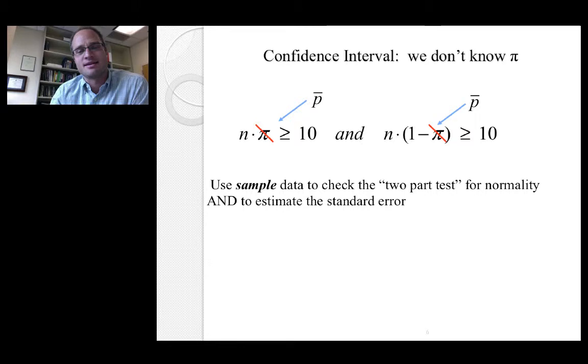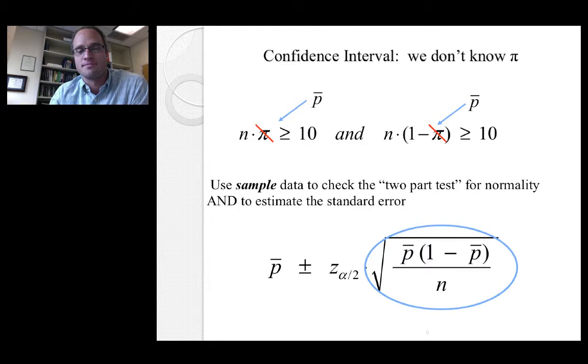So we're going to use sample data to check the two-part test for normality. And we're going to use this sample data, meaning p bar, the statistic that comes from that sample data, to estimate our standard error, which I've circled here. So this is the confidence interval formula here. P bar, the sample statistic, plus or minus, plus for the upper limit, minus for the lower limit, my critical z-value, which depends on my level of confidence.